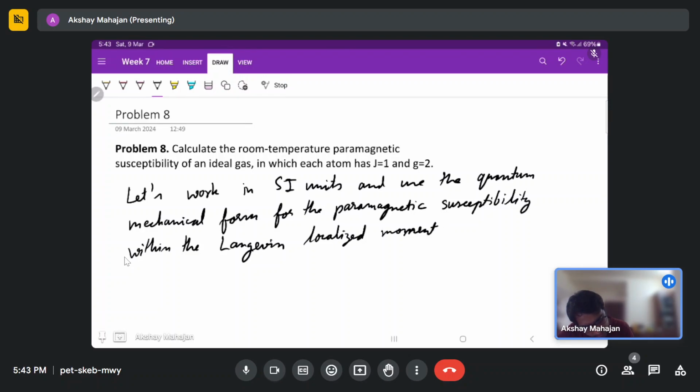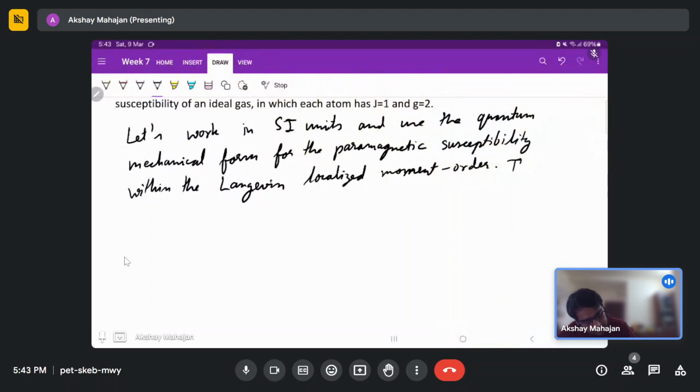So this is the name of that method that we have used.